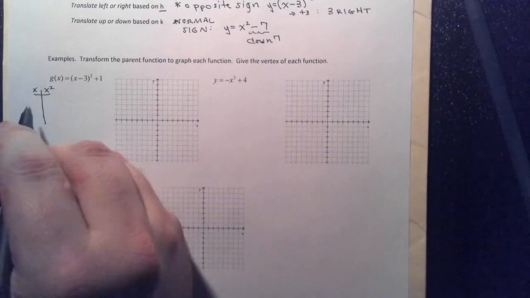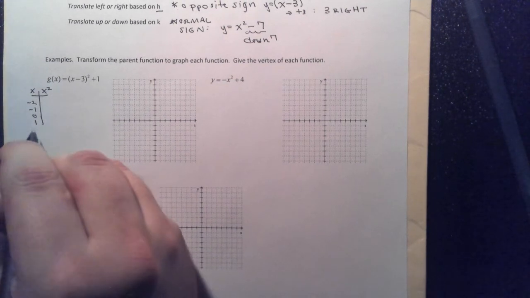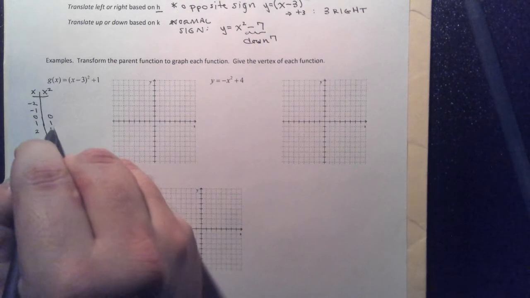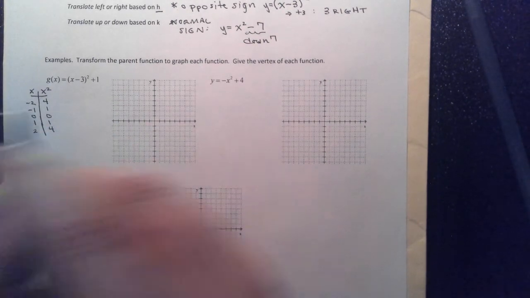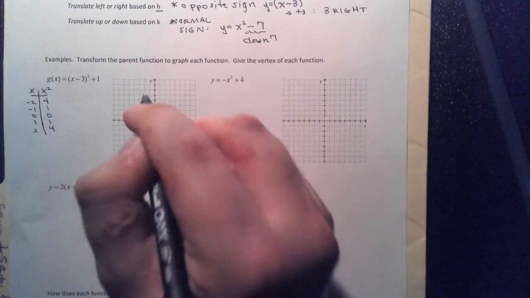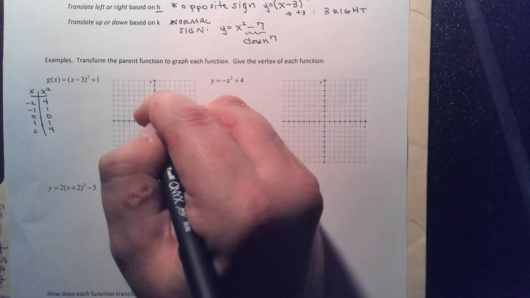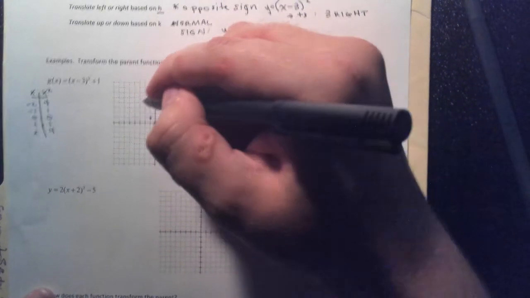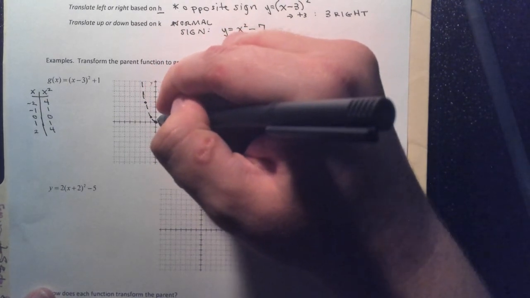The points of y equals x squared are here. I'll go ahead and plot these. And I'll even put a little dashed curve through them. Not solid, because this is not the function that I'm graphing.